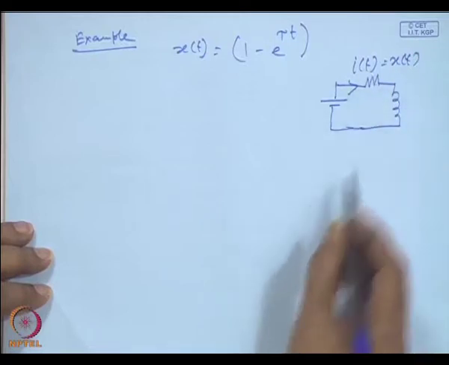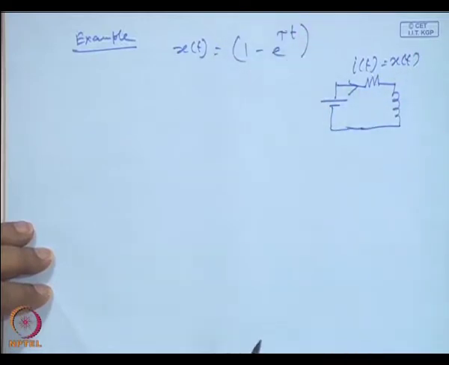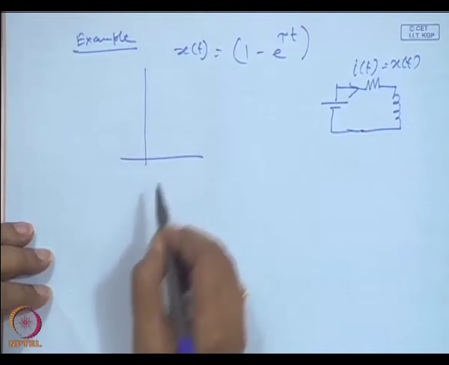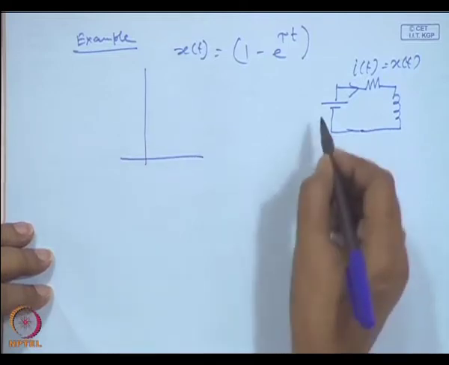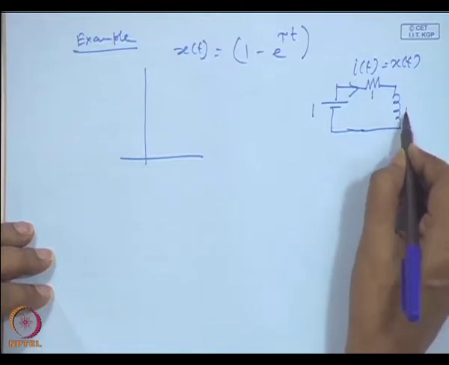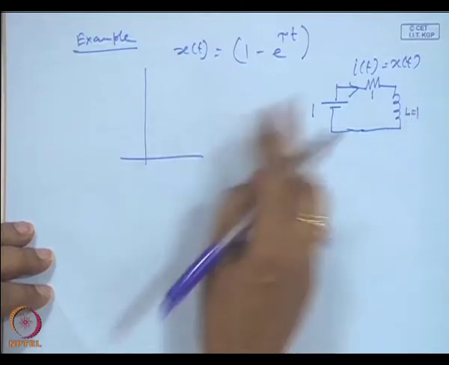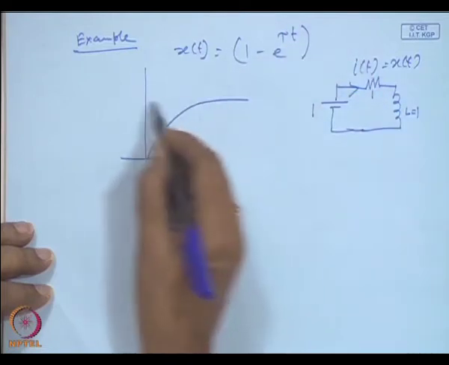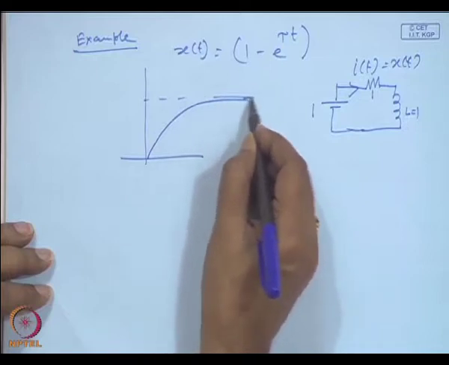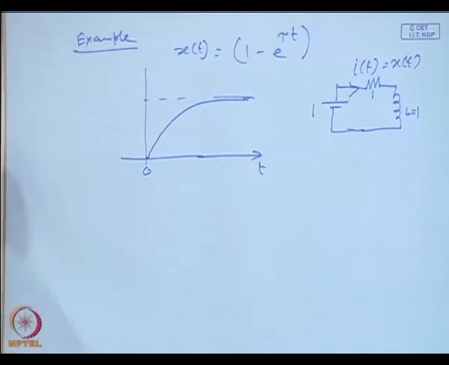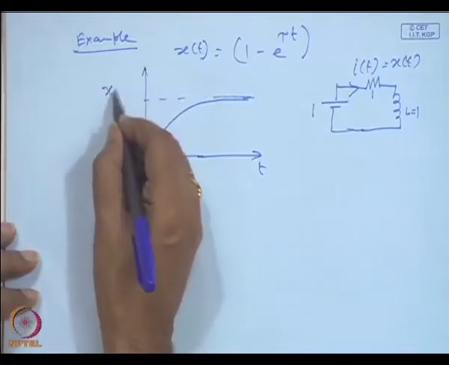If you consider the voltage as 1 and L also as 1, then this is the nature of the curve, which we get like this. And this is the x of t.